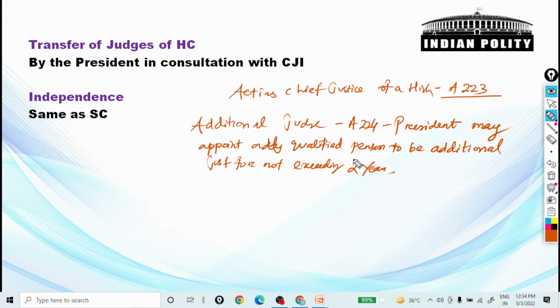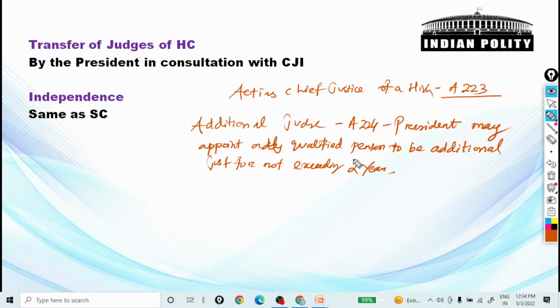The president will appoint any duly qualified person to serve as an additional judge of any high court, and in that case the additional judge is entitled to the benefits and the salaries of a judge of the high court for the temporary period.